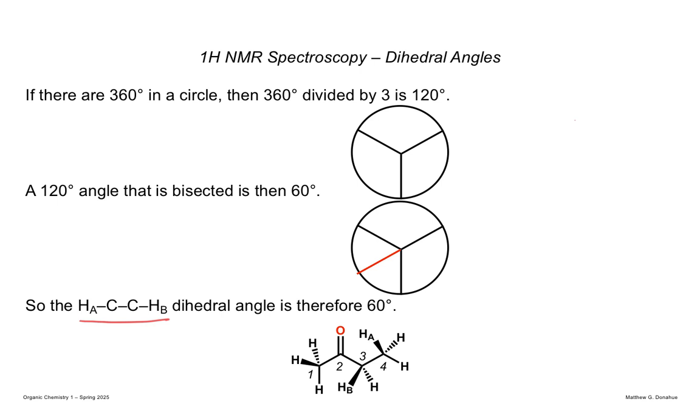The way we can think about it is if we take a circle and then we divide that circle by the three substituents. So we can think of this as our front carbon. Then we have the three substituents. And so all of these angles there are 120 degrees. So 360 divided by 3, that's 120.